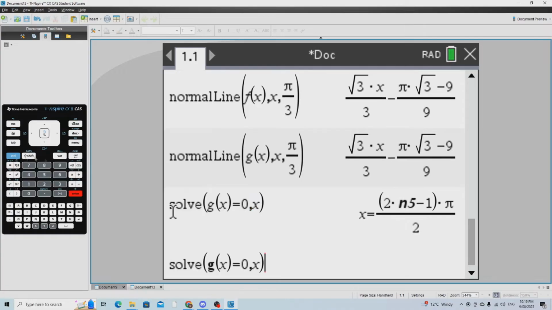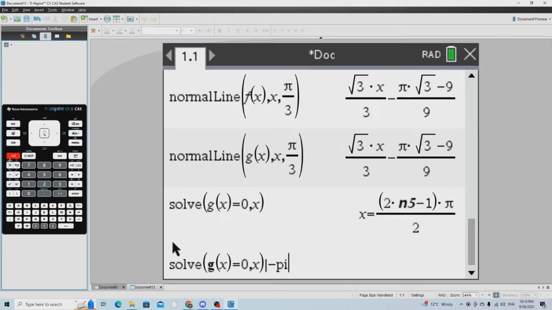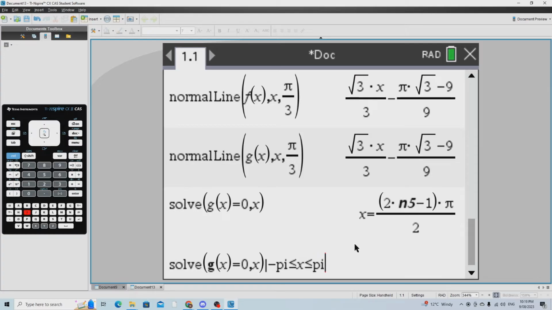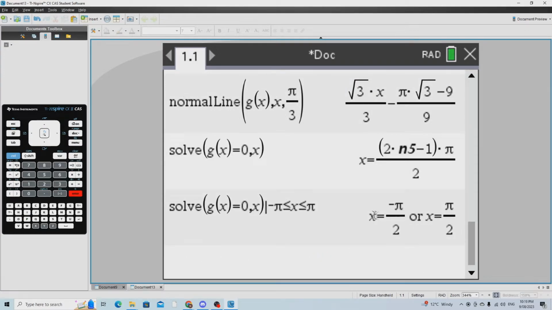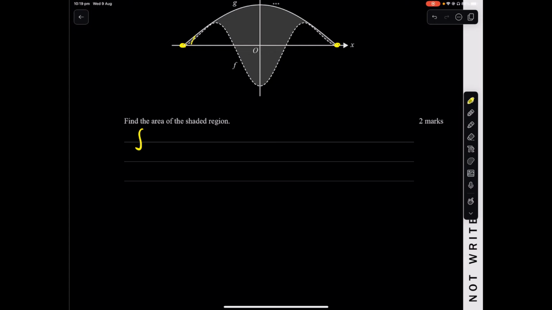And let's say it's between negative pi to pi. And we get this. Okay, so pi over 2 and negative pi over 2.